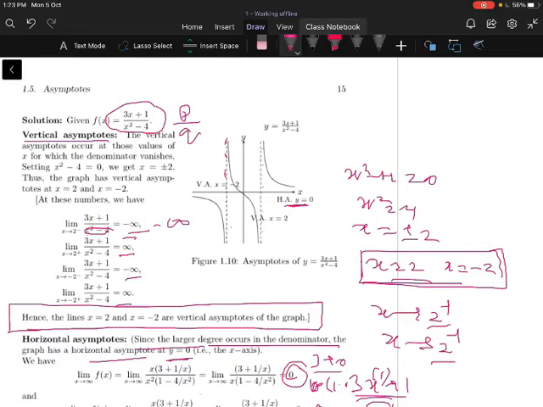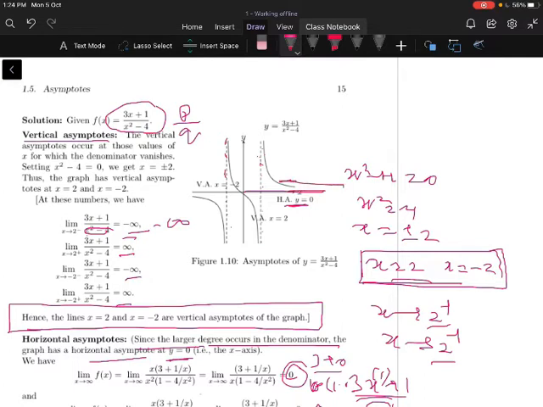So easily you can sketch the curve through the asymptotes. The curve should not meet the lines x = 2 and x = −2; the curve and these lines meet at infinity. Therefore, like this you can go. And y = 0 is a horizontal asymptote, so this curve keeps on moving. This curve and the x-axis meet at infinity.